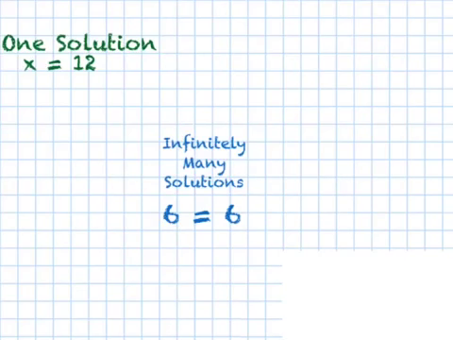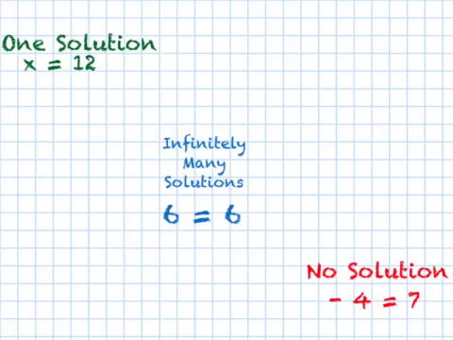That's when you end up with a statement that you're like, well, duh, 6 equals 6. Your variable will end up canceling out, and you'll have it basically saying a number equals itself. Also, just like with graphing, you can have no solution. This is when you end up with a statement that's totally false. Negative 4 equals 7? Never. So that would be no solutions.